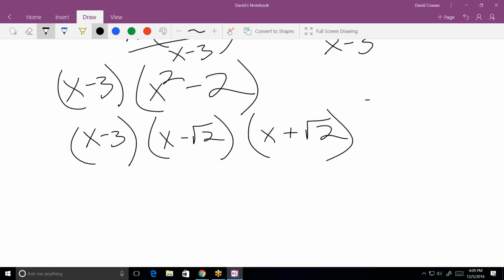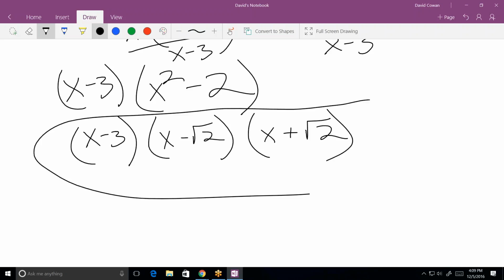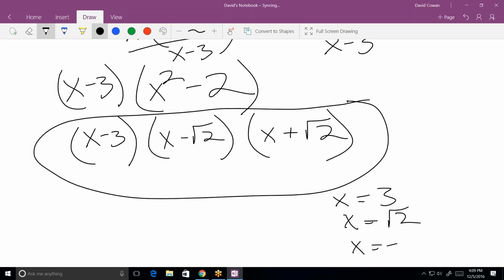Okay. So there are your 3 zeros: x equals 3, x equals root 2, and x equals minus root 2. Now, the bottom two are irrational, but they're still real. The top one is real and rational.